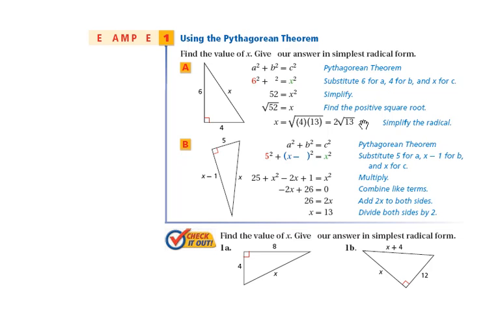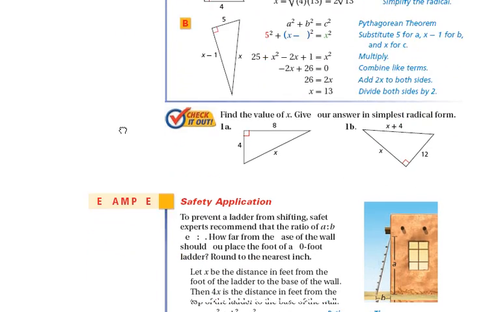That's typically the way that your book does it, but I actually prefer the decimal form. So if you have a good calculator and you can take 2 times the square root of 13, you'll get a decimal answer, and that will make a little bit more sense as far as talking about some of these sides. So you'll have some examples there where you're using the Pythagorean theorem.